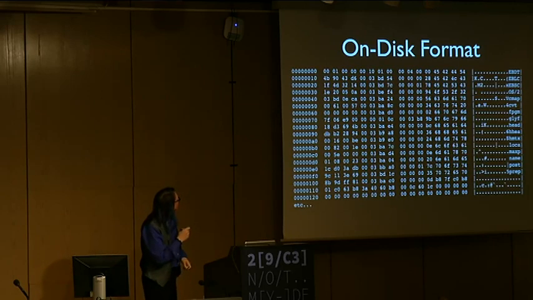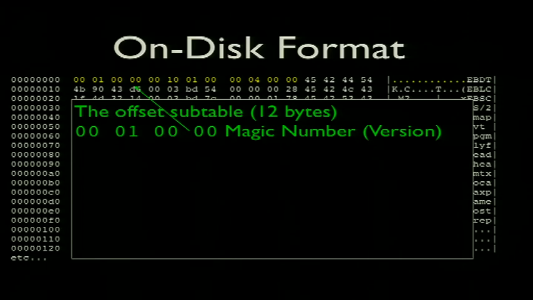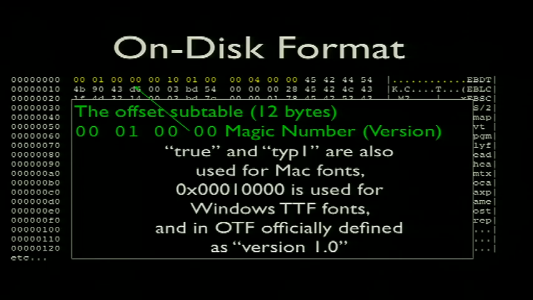Anyway, it looks like this. You don't have to care about any of this stuff at the beginning. Actually, this is the magic number. There's several possible values for it, because Apple did one thing, and then Microsoft did another thing, and then Microsoft did yet another thing, and so forth.